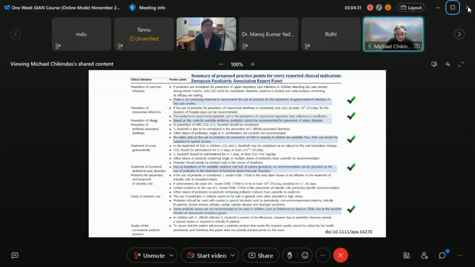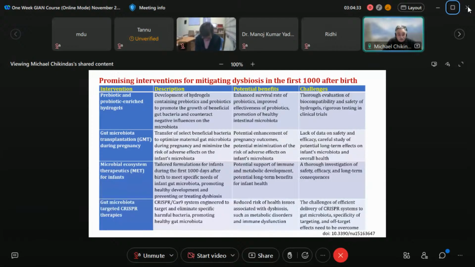Promising interventions for mitigation of diagnosis in the first 1,000 days after birth. Again, we have interventions: prebiotic and probiotic, gut microbiome transplant, microbial ecosystem therapeutic approach for the infants, and gut microbiome targeted CRISPR therapies.